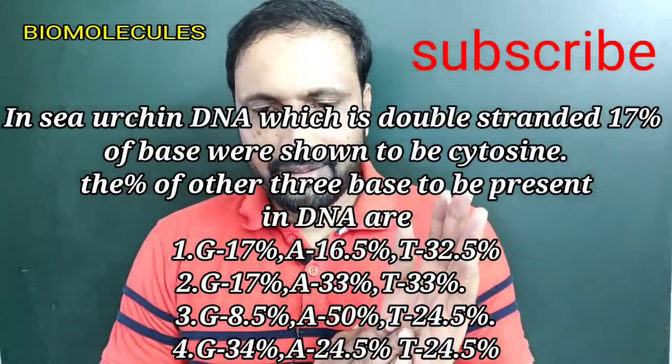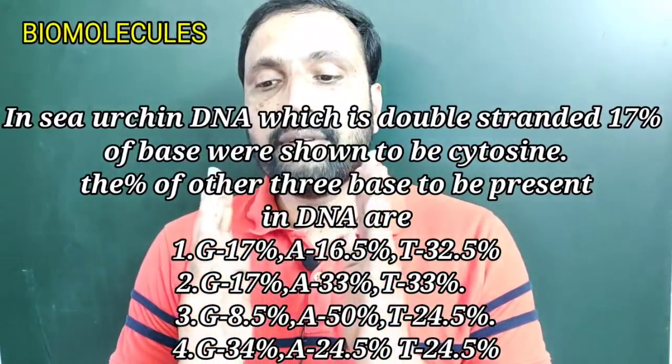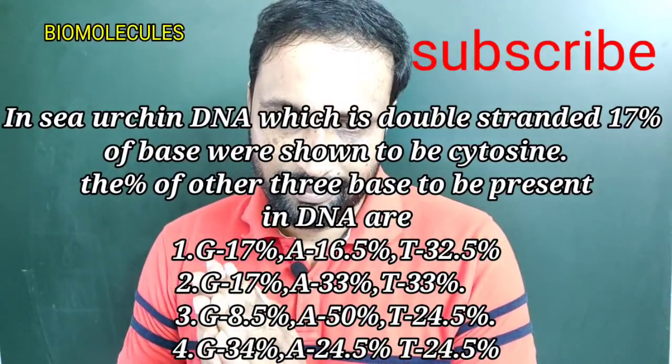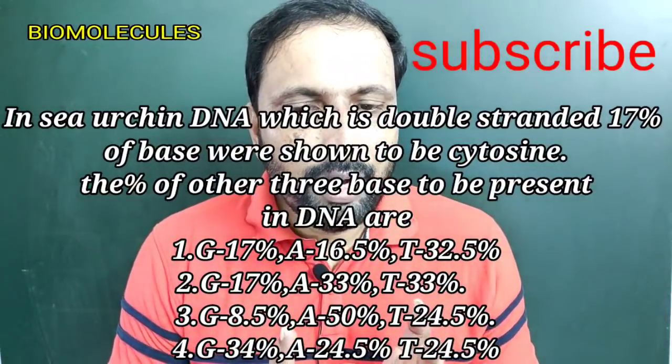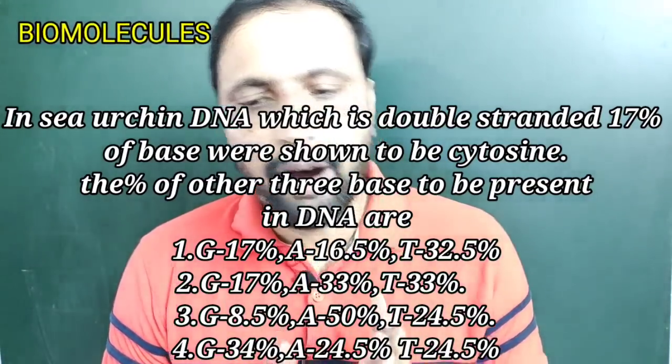In sea urchin, DNA which is double stranded, 17% of the bases were shown to be cytosine. What are the percentages of the other three bases present in DNA?